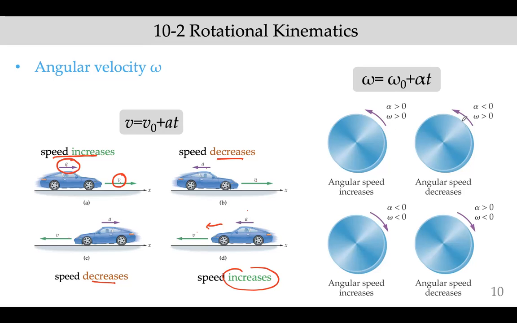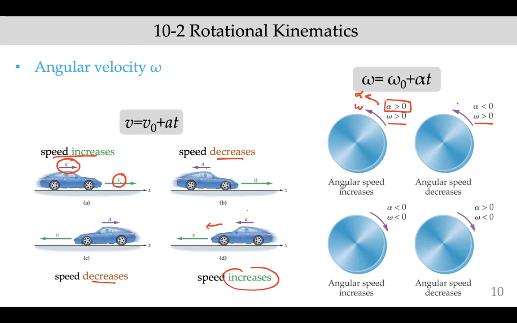So let's take these. These two are rotating clockwise, so the angular speeds are positive. If the acceleration is also in the clockwise direction, which is the case here, so omega is clockwise, and angular acceleration alpha is also clockwise.